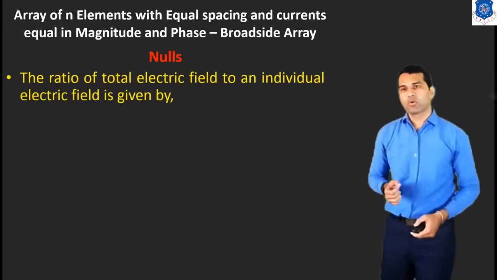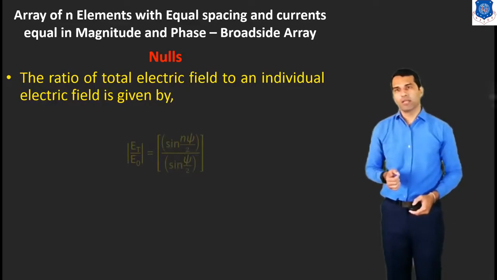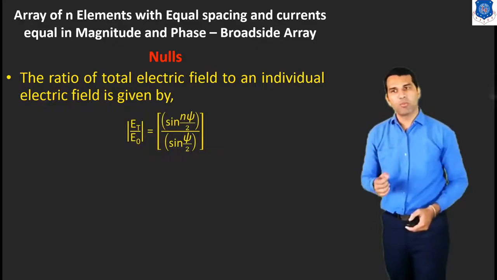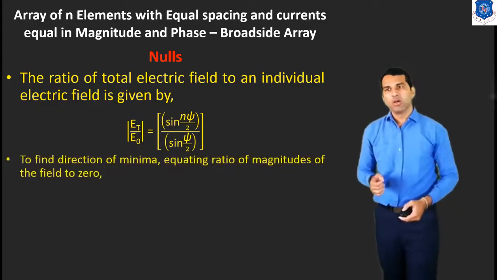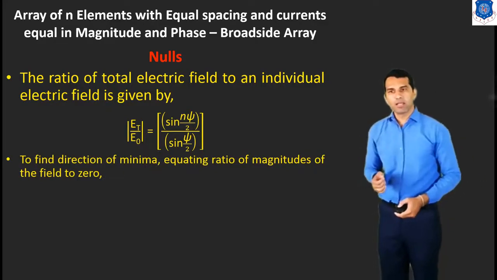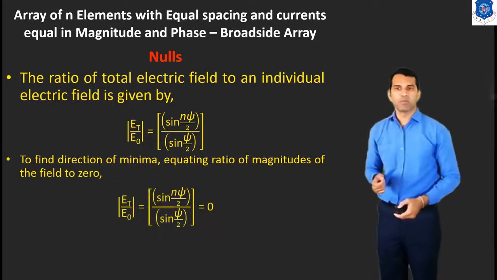The ratio of total electric field to an individual electric field is given by Et by E0 is equal to sin n psi by 2 upon sin psi by 2. To find the direction of minima, we equate the ratio of magnitude of the field to 0.